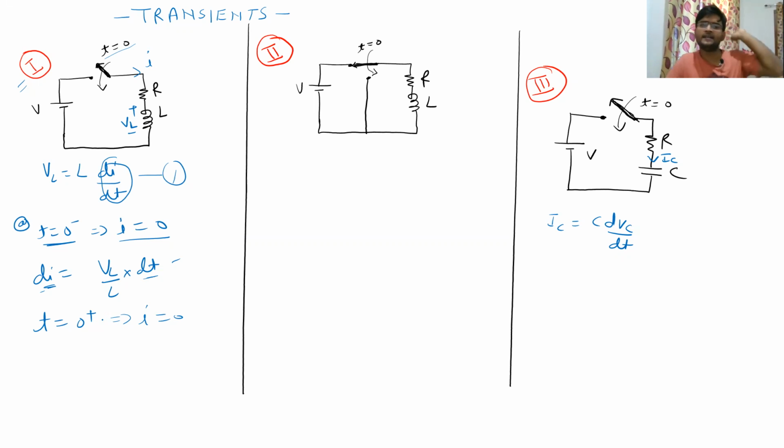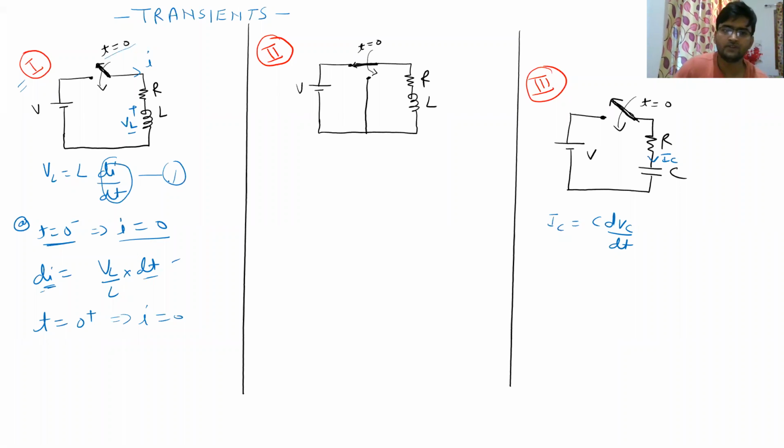So right after you switch on the switch, the current which will be flowing in this inductive circuit is going to be 0, because it was earlier 0. So from here you can say that an inductor does not allow sudden change of current. This is very important. You can write it down that the inductor does not allow sudden change in current.